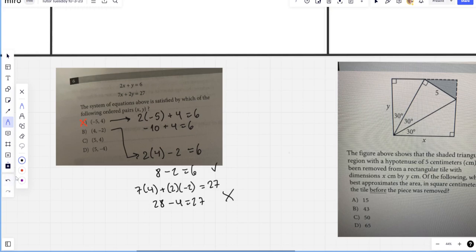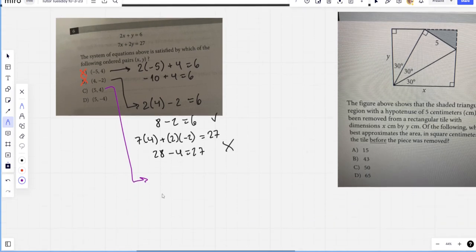That does not work. Both equations have to work if it's a system of equations and we're trying to plug in a point. Let's try the third one. 2 times 5 plus 4 equals 6. That's 14 equals 6. That's not true. So we'll rule out C as well.